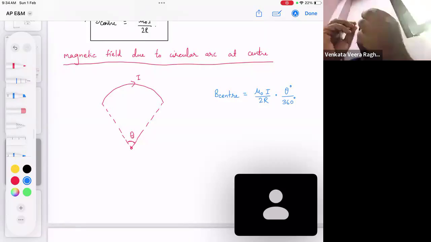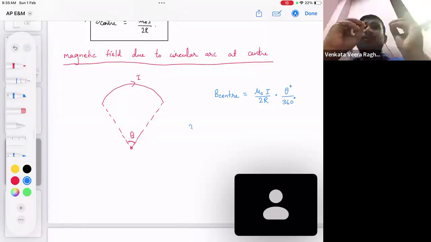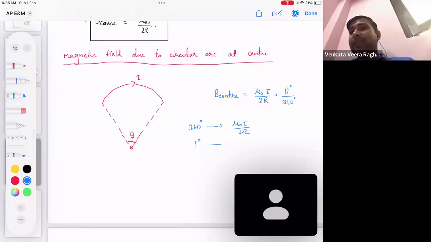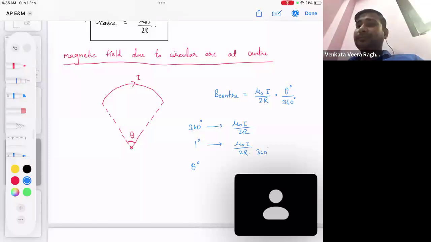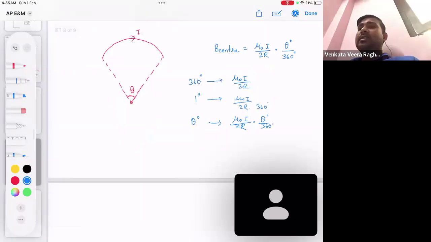If this circular arc makes 360 degrees, it gives us mu naught I by 2r magnetic field. If a 1 degree arc is there, it gives us mu naught I by 2r by 360. Theta degree is the arc angle. How much will it give us? Mu naught I by 2r into theta degree by 360 degree. It just comes from the unitary method.